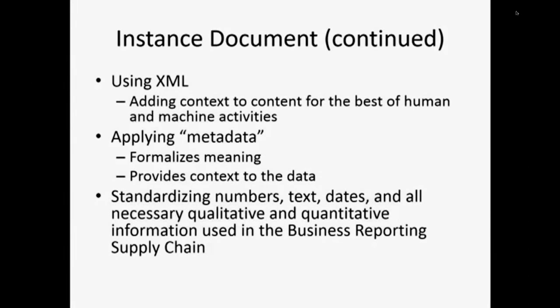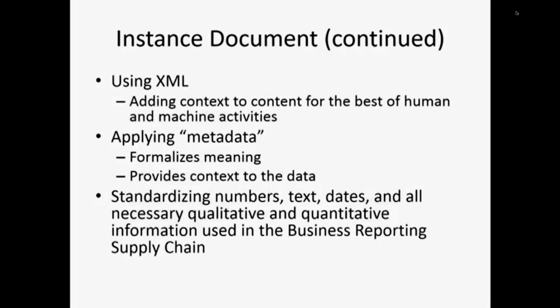By adding metadata, that's the hidden information about information, you often hear that referred to as tags. Organizations that publish their content in an instance document both provide formalized meaning to each fact they report, as well as a consistent way to provide the context to each of those facts, such as when did it take place or what are the relevant units of measure.